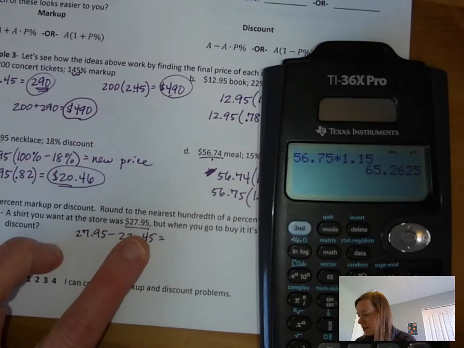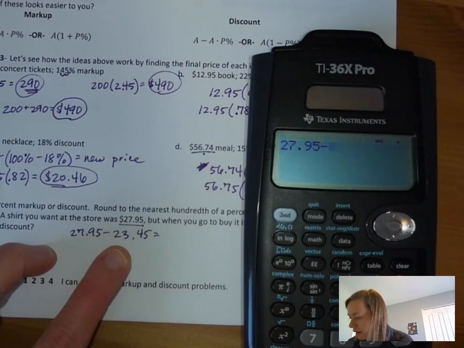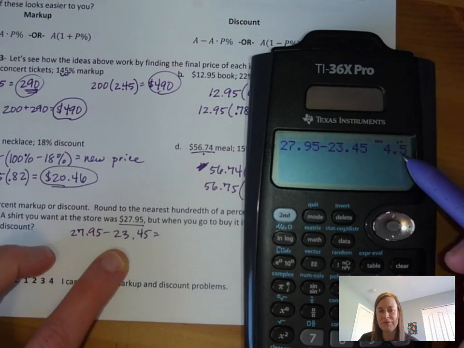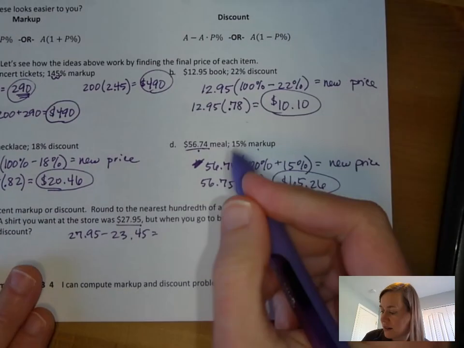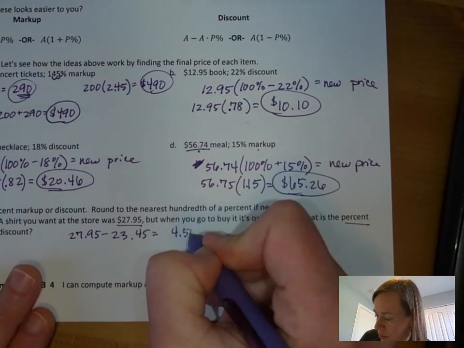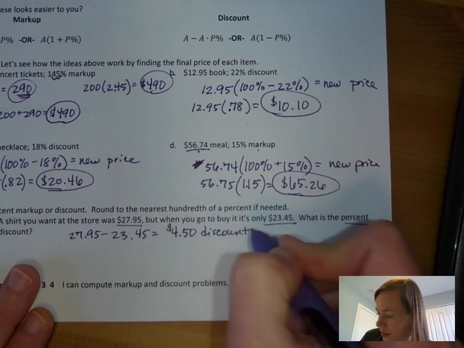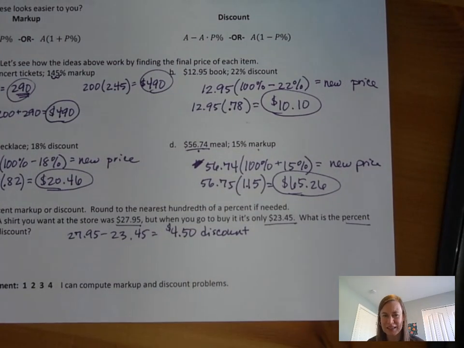Okay, so when you subtract those, let's see, $27.95 minus 23.45, you're going to get 4.5, which if you put another zero there, it's just $4.50. So it looks like the discount was $4.50. I'm going to just write that down so that I don't get lost in the middle of my problem and think, well, what was that number all about? It's helpful to remember these things.